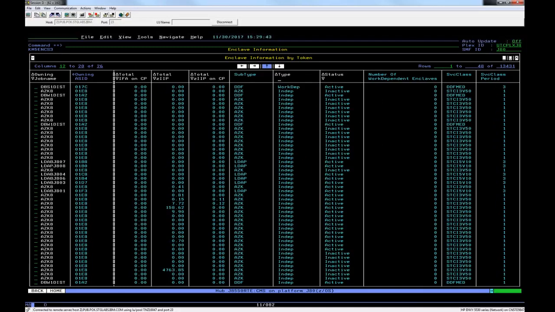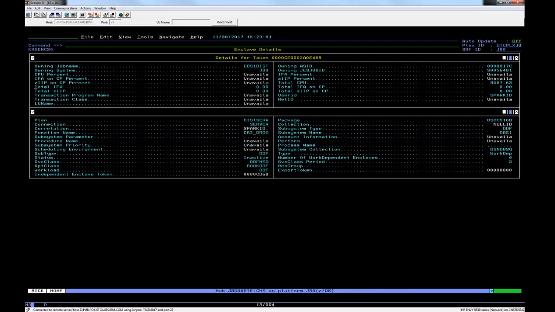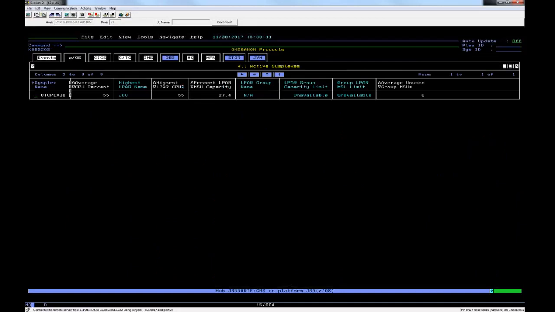And we can actually take a look at it in more detail. Quite often they disappear. Oh, here we go. So we have all of the classification information and the related CPU information, both as a percentage and what's been consumed over the time the enclave has been active. And that's for any of those 13,000 that are running right now on this system.